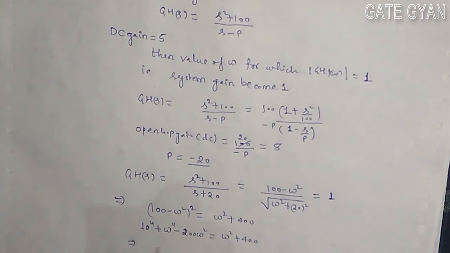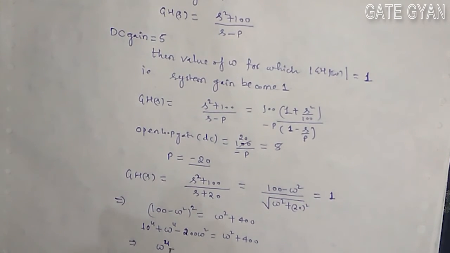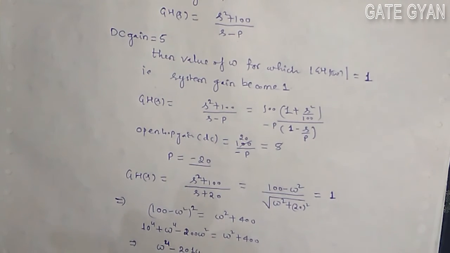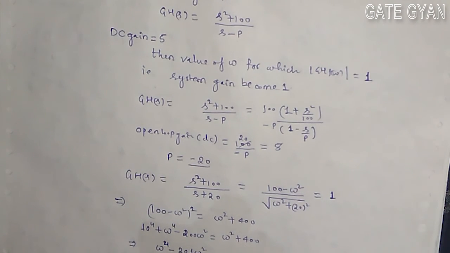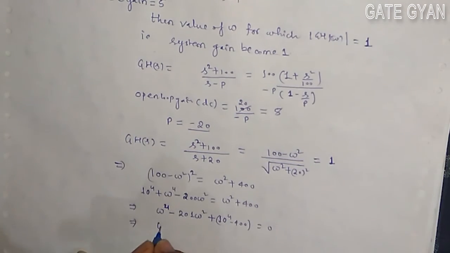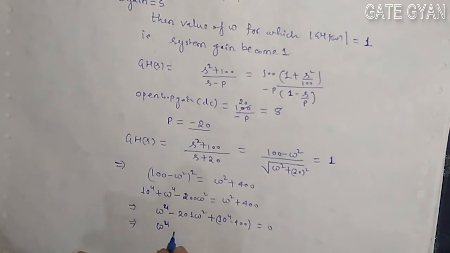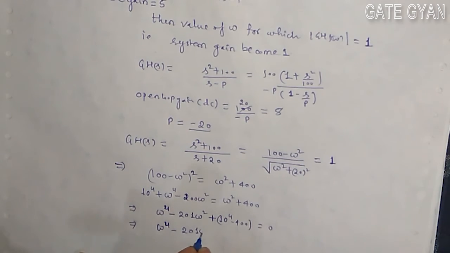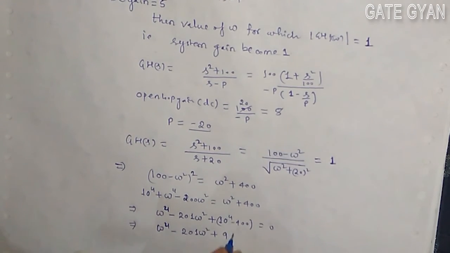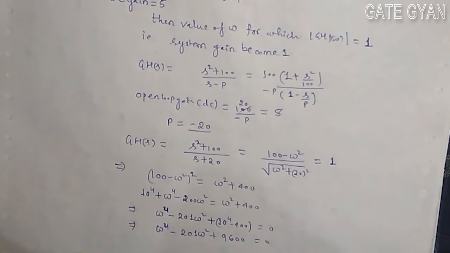Bringing all terms to this side: omega to the power 4 minus 201 omega square plus 10 to the power 4 minus 400 equal to 0, so omega to the power 4 minus 201 omega square plus 9600 equal to 0.